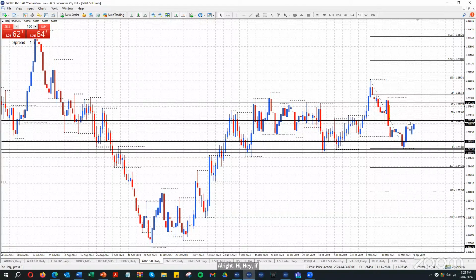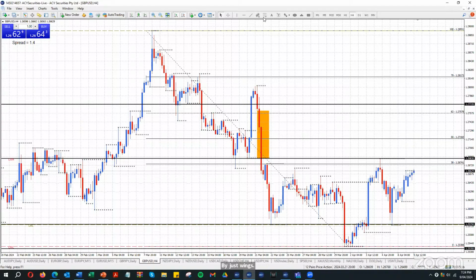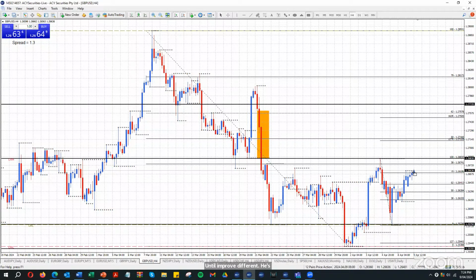Until we trade above that high, we're down with these major swings. So I would be more inclined, until proven different, to look in the 79% area, up in this area, up to the resistance area, to see if we start to hold.